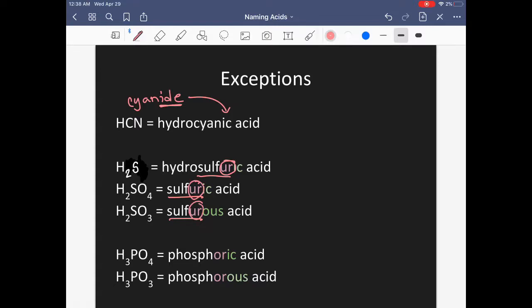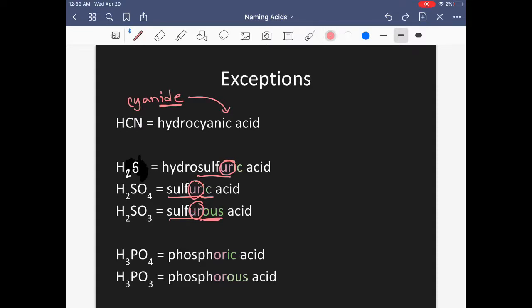Instead of cutting it off after the first syllable, sulf, you're going to keep the ur before you add your ending. So remember, you're still going to use your -ic suffixes for your polyatomics ending in -ate, and your -ous suffixes for your polyatomics ending in -ite. However, you're just keeping more of that root word.